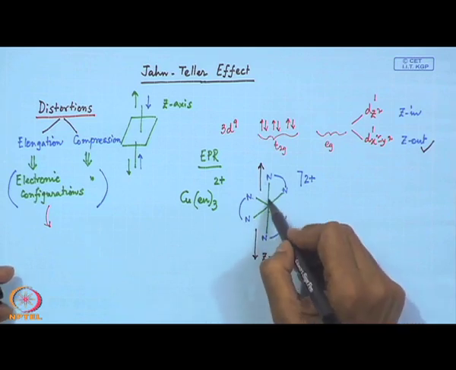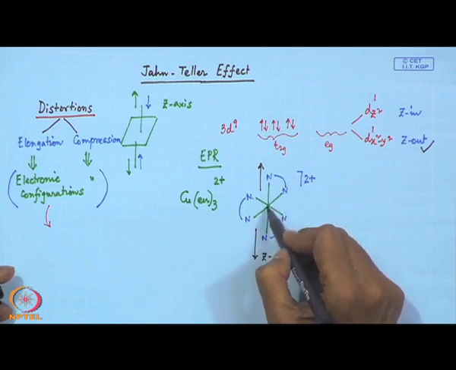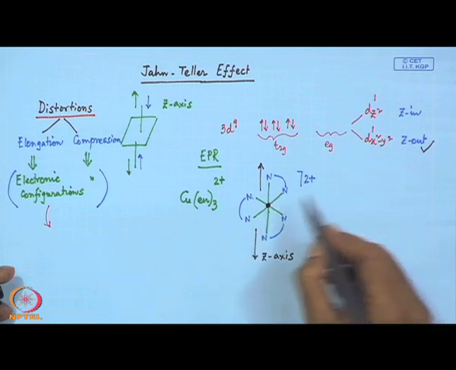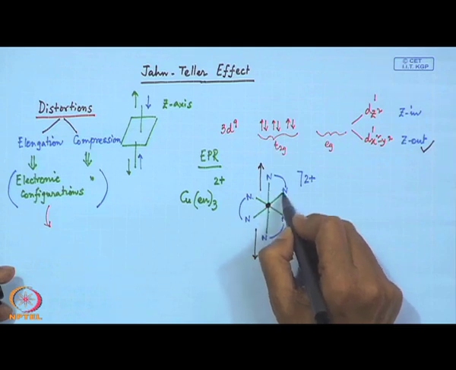So, when this particular bond will try to be longer compared to this bond within the chelate ring, and this is the copper position, we can have this copper nitrogen bond longer compared to this copper nitrogen.